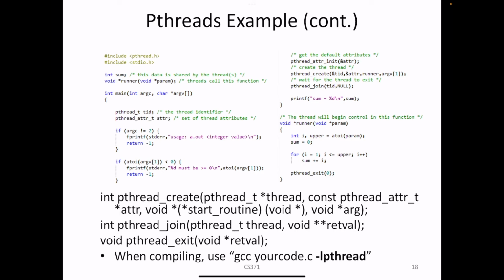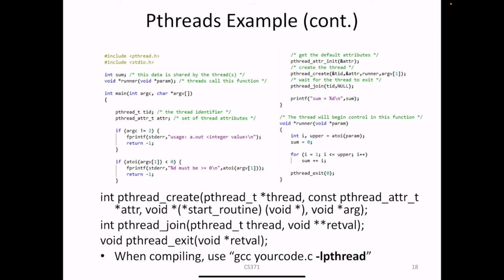At last, and most importantly, we compile the program. Besides the standard command gcc ucode.c, you also need to add -lpthread to your command line, because pthread is not in the standard C library.